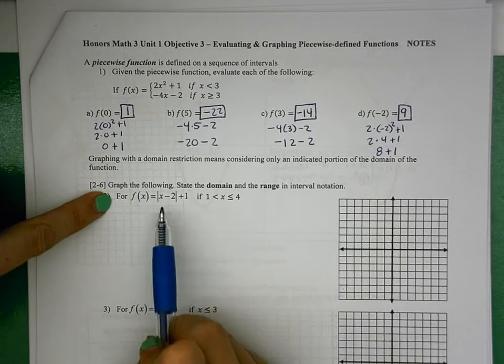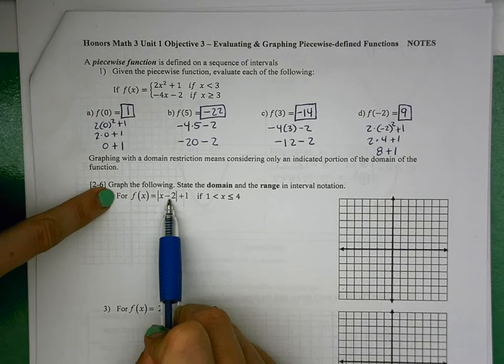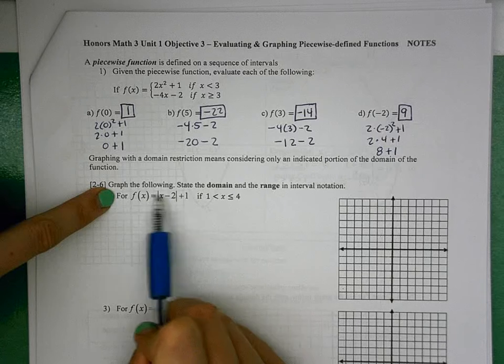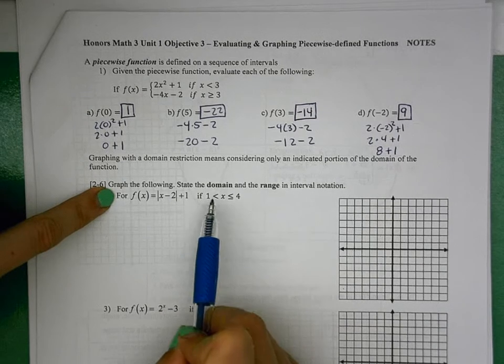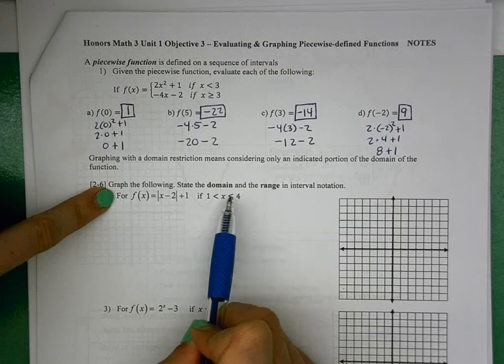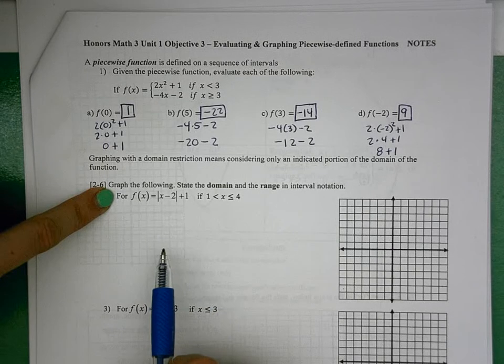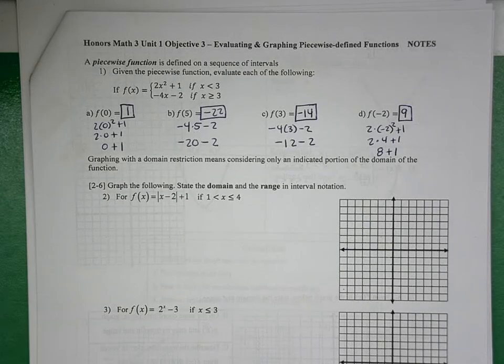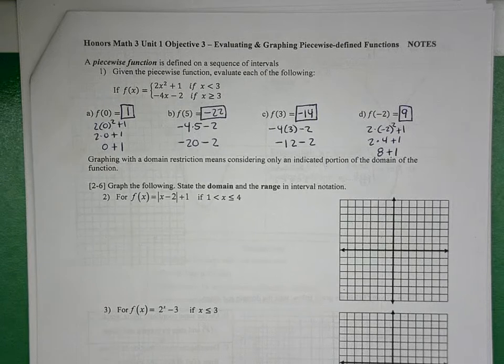For f of x equals the absolute value of x minus 2 plus 1, we're going to graph that if x is greater than 1 and x is less than or equal to 4. Okay? Now, before you do any graphing, you want to make sure you've processed a couple of things. First, make sure you very specifically take note of what function or functions, depending on what the case may be, that you are going to be graphing.